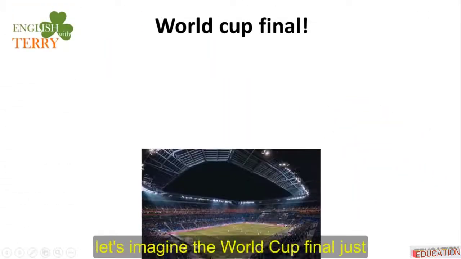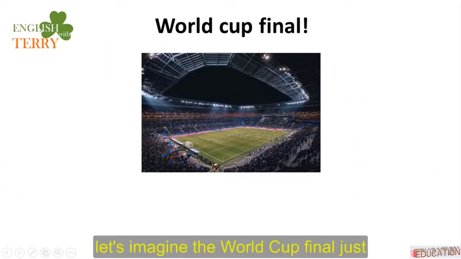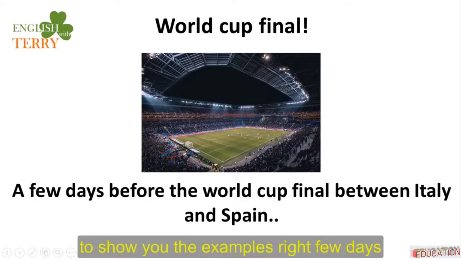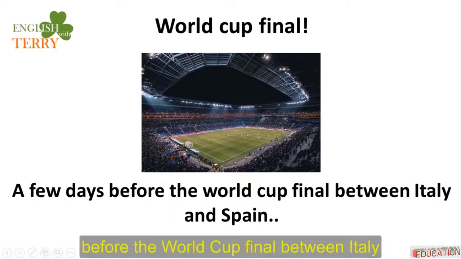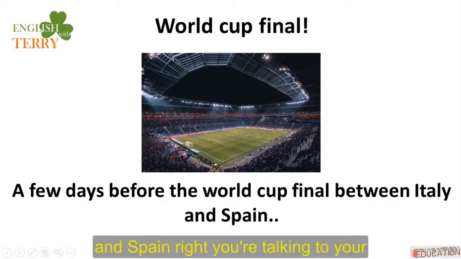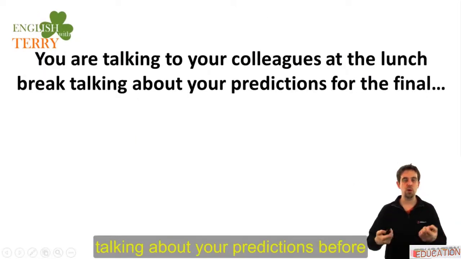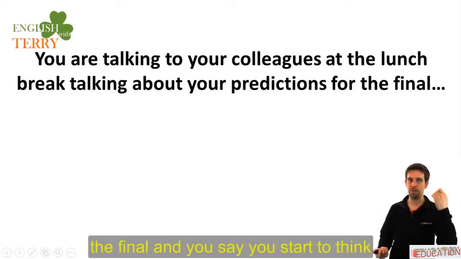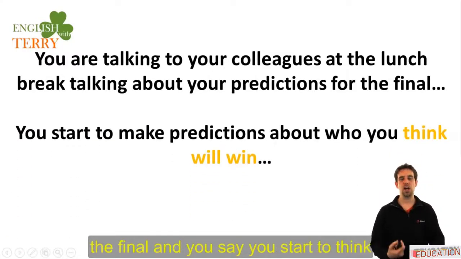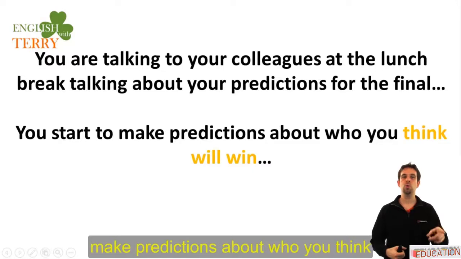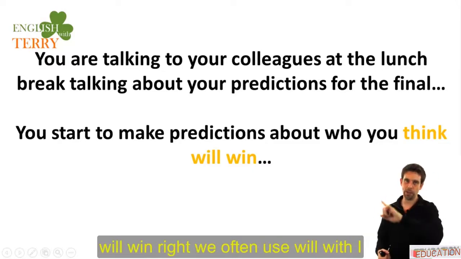So let's imagine the World Cup final, just to show you the examples, right? A few days before the World Cup final between Italy and Spain, right? You're talking to your colleagues at work at the lunch break, talking about your predictions before the final. And you start to make predictions about who you think will win, right?